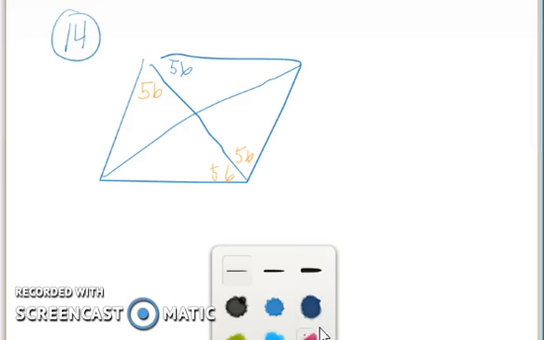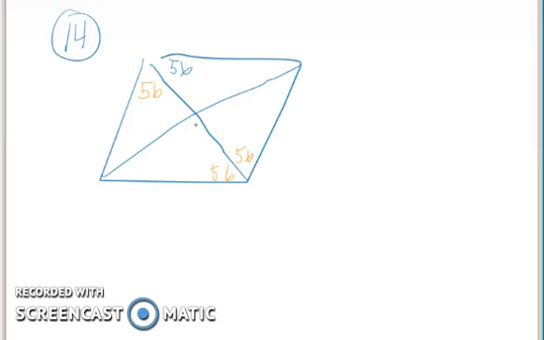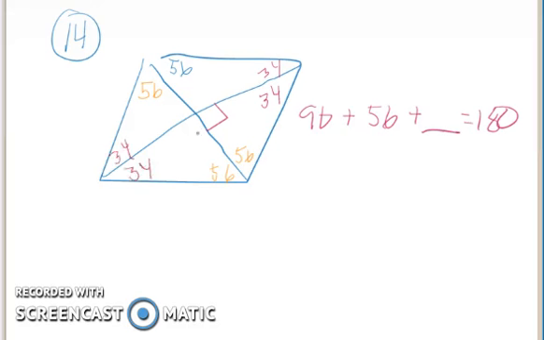Nothing else is 56. We do know that there is a 90-degree angle right here, so 90 plus 56 plus something should equal 180. Okay, and that something would be 34. So 34 goes here, 34 goes here, 34, and 34, and the rest of these are 90 degrees. Because perpendiculars meet at 90-degree angles.